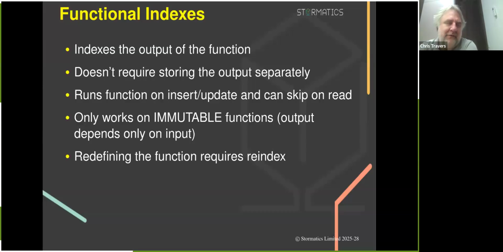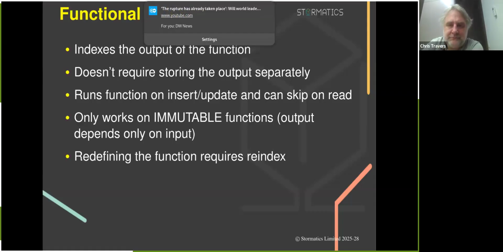We cannot index these because their outputs may change over time, and as a result, storing that and searching on the index would again be misleading and possibly wrong. So a good example there would be, let's say you have a function that produces sums of rows from another table. That would be stable, right?